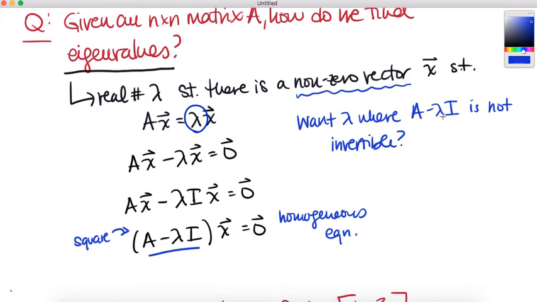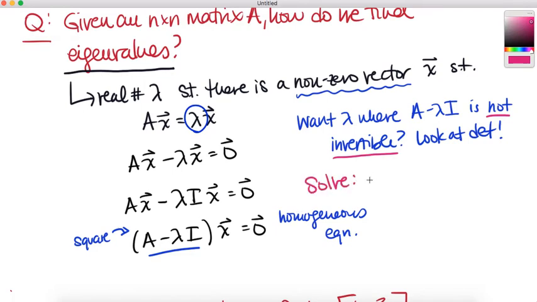How can we figure out which values this is not invertible for? One way to see what is invertible and what's not is to look at the determinant. Remember, a matrix is not invertible if its determinant is 0.